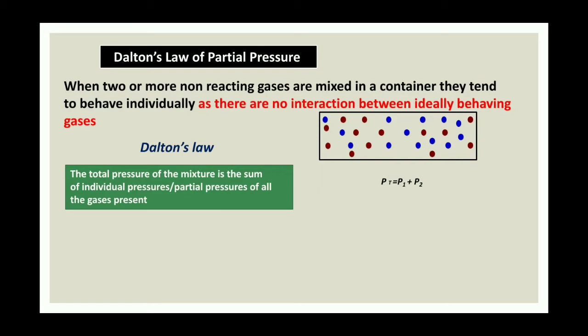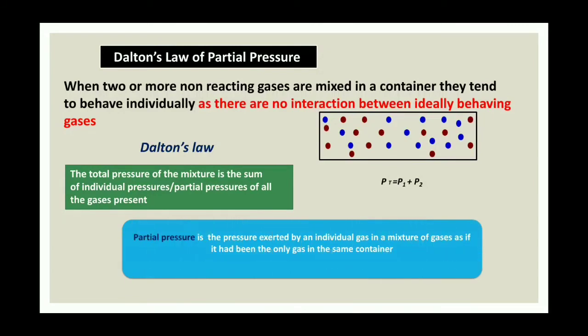So it states that the total pressure of the mixture is the sum of the individual pressures, or partial pressures, of all gases present. What is partial pressure? It is the pressure exerted by an individual gas in a mixture of gases as if it had been the only gas in the same container.